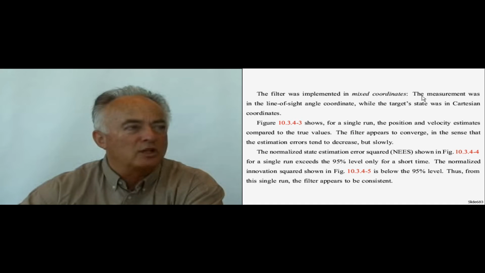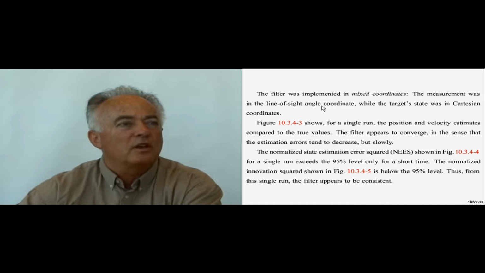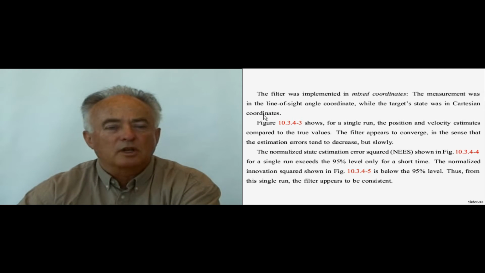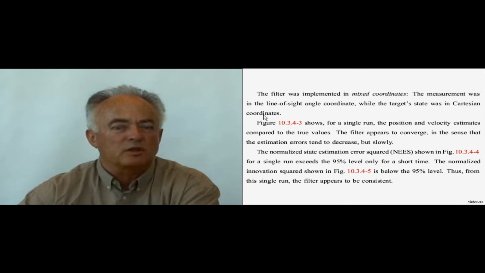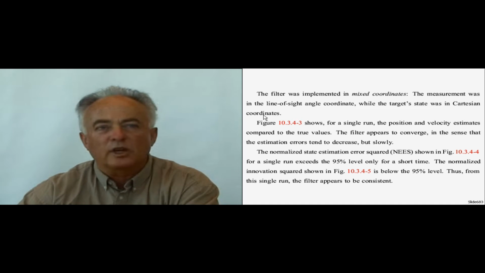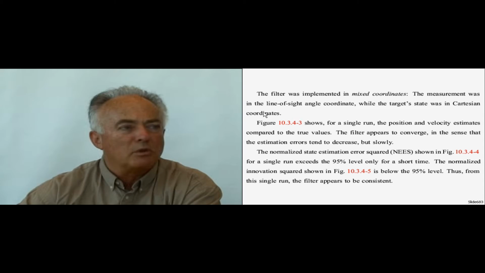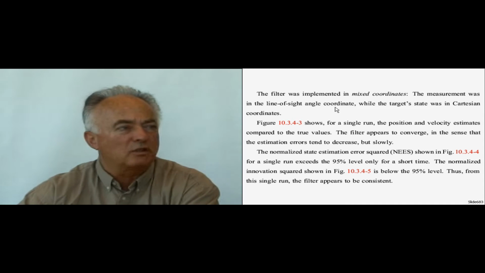Measurement was the line of sight angle coordinate, and the target state was in Cartesian coordinates. So what this was is keep everything as is, because the transformation of the measurement into the more natural Cartesian is hard to characterize its errors, and the nonlinear function h relates the measurement to the state.